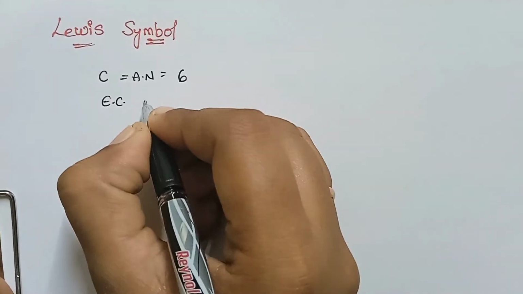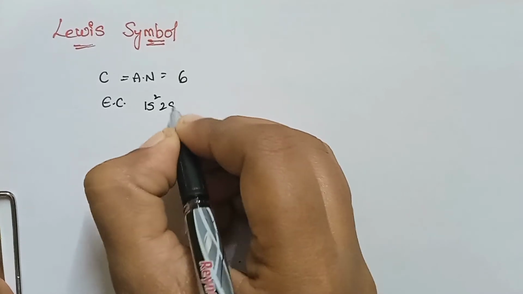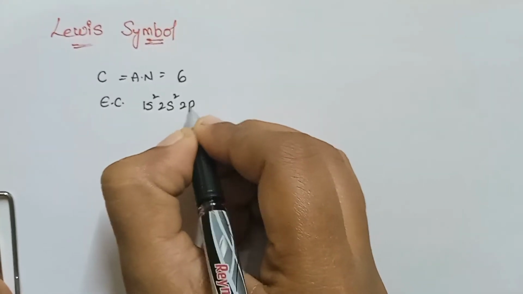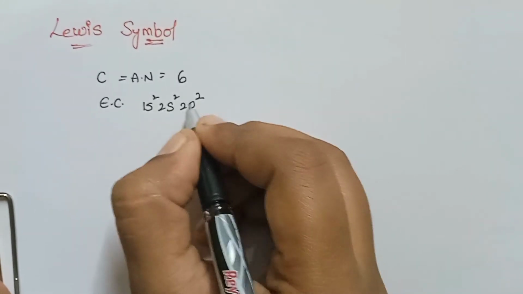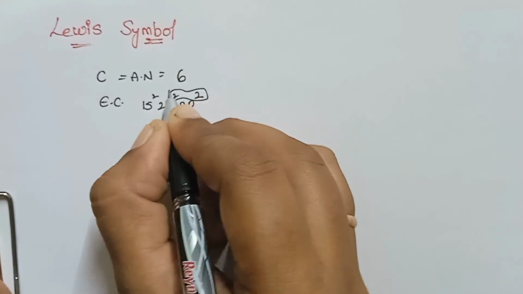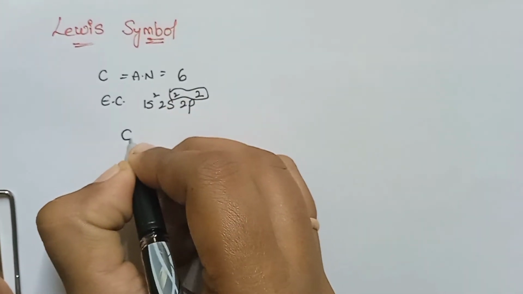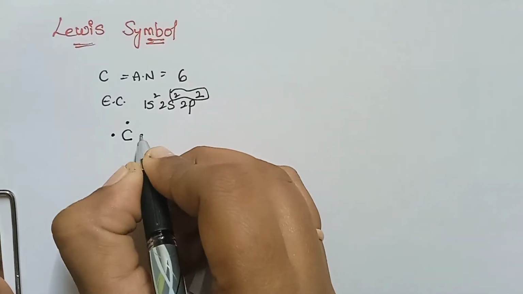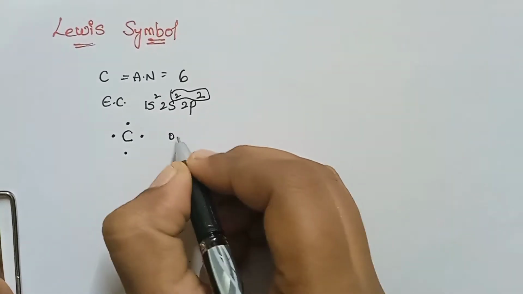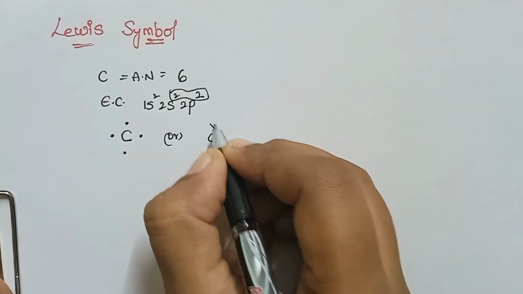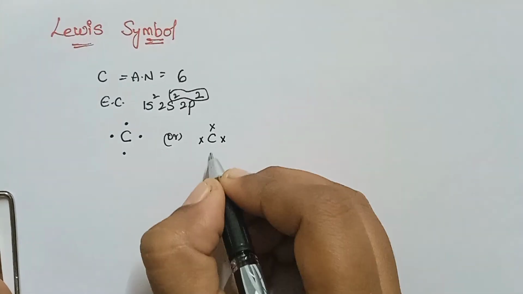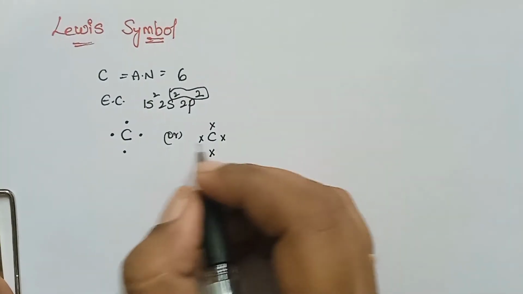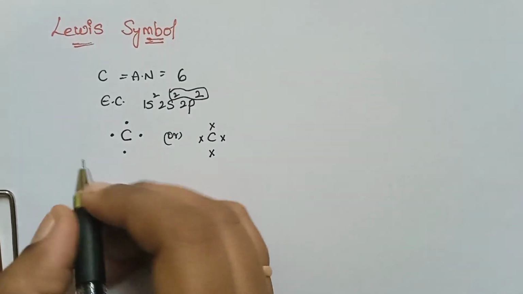Electronic configuration 1s2, 2s2, 2p2. So outer electrons are 4. So carbon has 4 dots: 1, 2, 3, 4. Okay, next, Lewis octet rule.